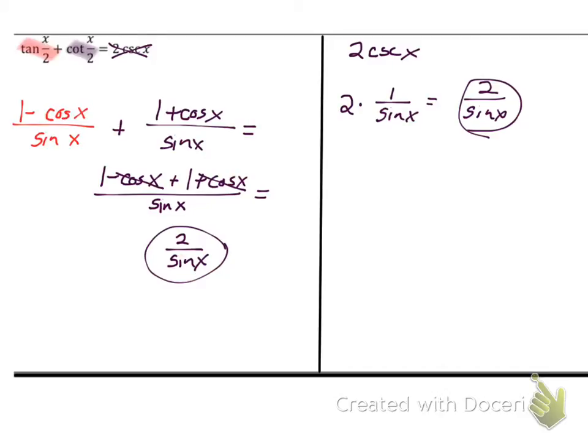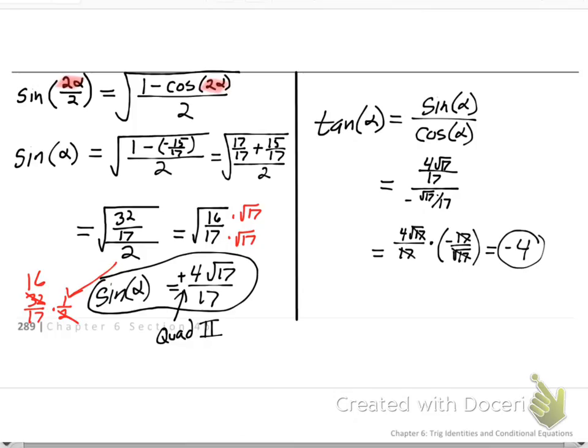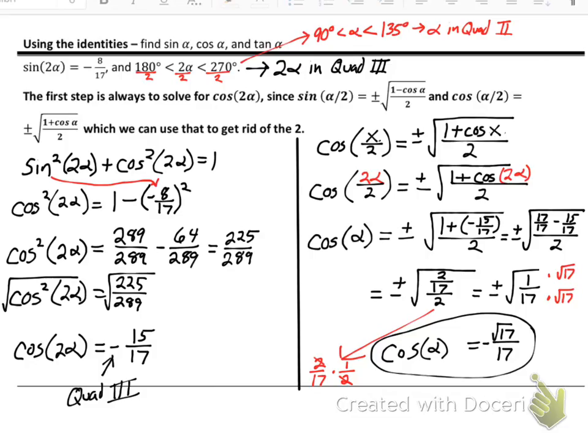Okay, I want to talk just a little bit about that big problem, because this one's a lot bigger than really needed. I think we made it a little more complicated than it has to be. All right? So the whole goal of these is just to use the double or the half identity to either get sine alpha or cosine alpha.